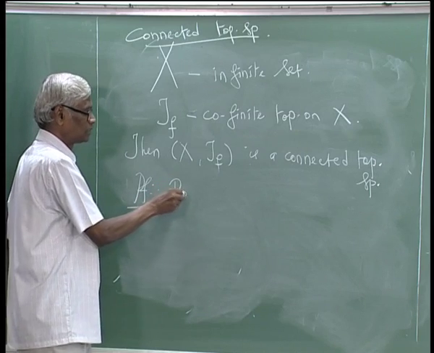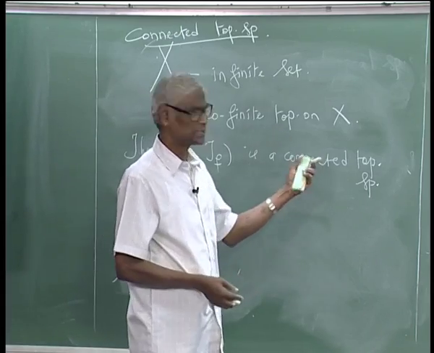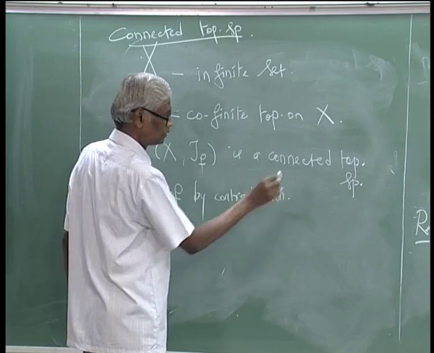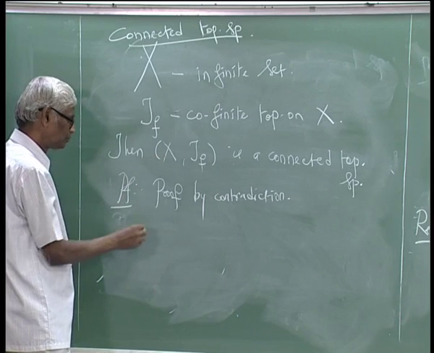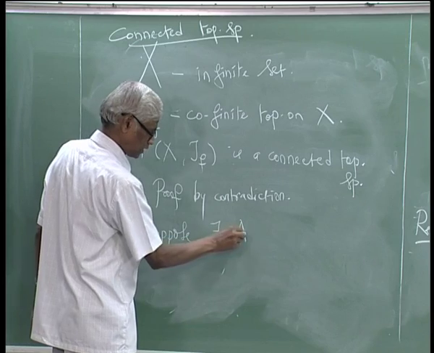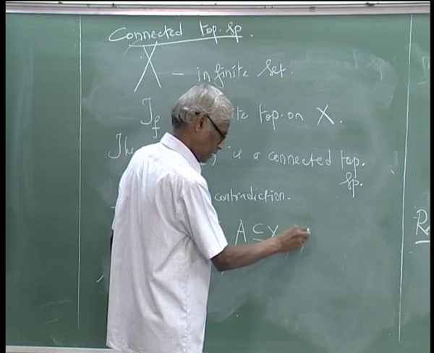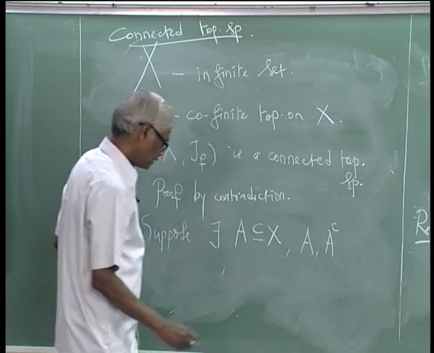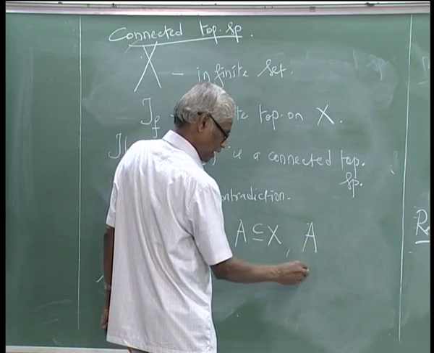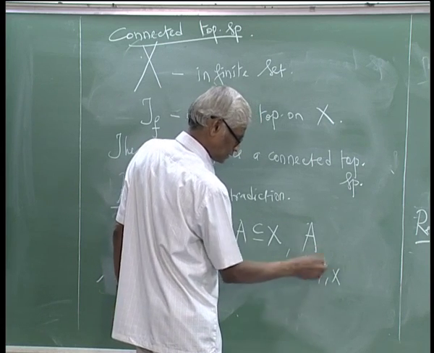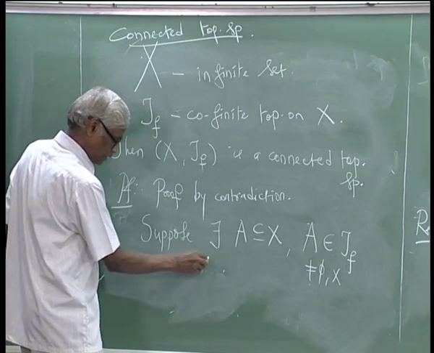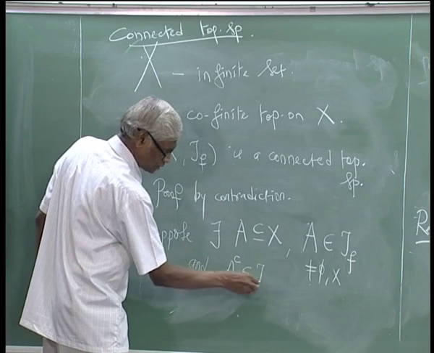Suppose, proving by contradiction, because we are familiar with how open sets are proved by contradiction, there exists a subset A of X such that A is both open and closed, meaning A is non-empty, not equal to X, and A belongs to tau_f, where A is open and the complement A complement also belongs to tau_f.